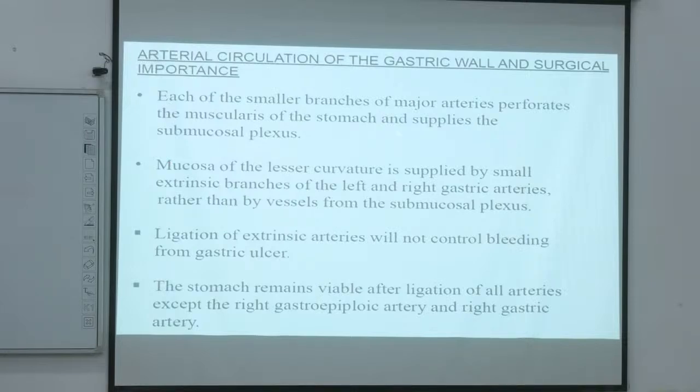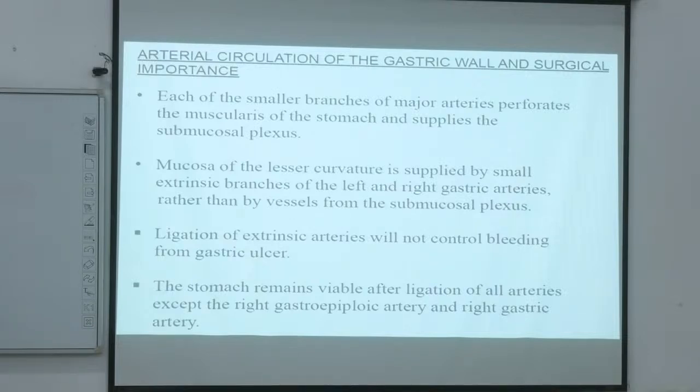arterial circulation of the gastric wall and its surgical importance. Each of the smaller branches of the major arteries perforates the muscularis, that means the muscular layer of the stomach, and supplies the submucosal plexus. The mucosa of the lesser curvature is supplied by small extrinsic branches of the left and right gastric arteries rather than by vessels from the submucosal plexus.